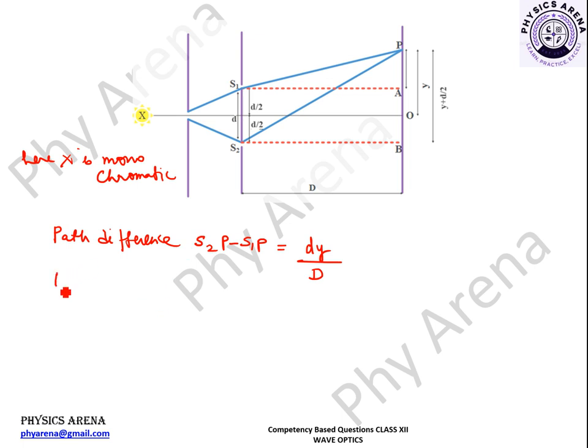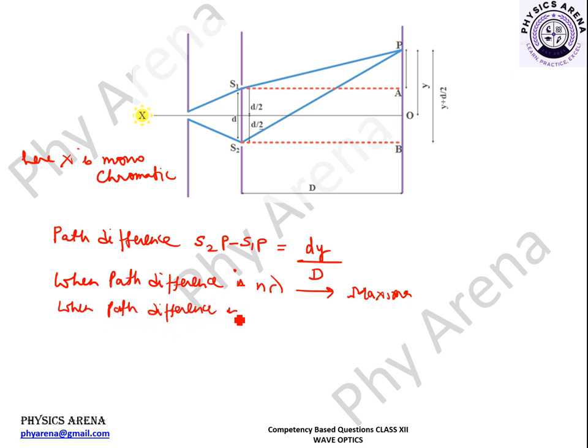So when path difference is n lambda, then we get maxima, and when path difference is n plus half lambda, then we get minima.